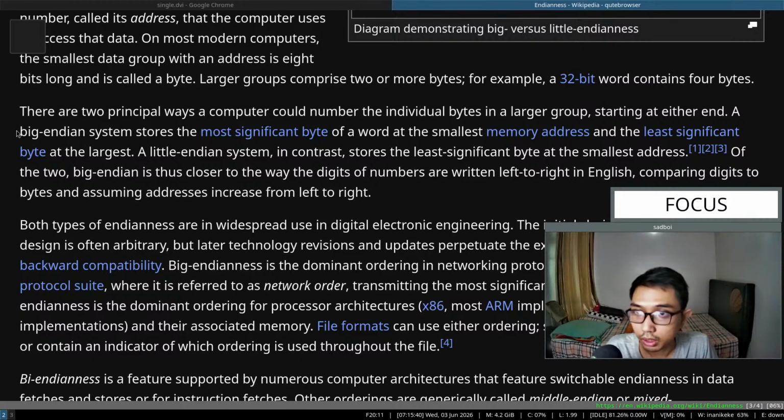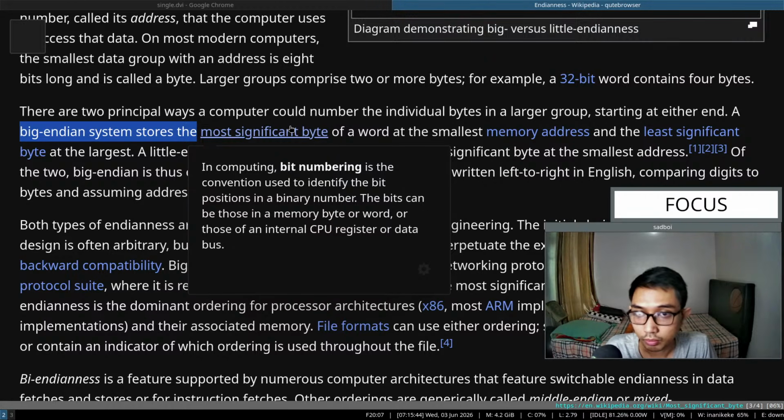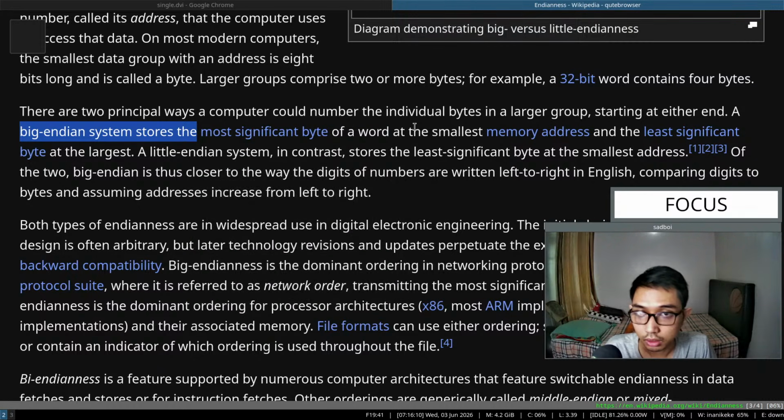Okay, a big endian system stores the most significant bit... In computing, bit numbering is the convention used to identify the bit position in a binary number. The bits can be those in a memory byte or word, or those of an internal CPU register or data bus. Okay.